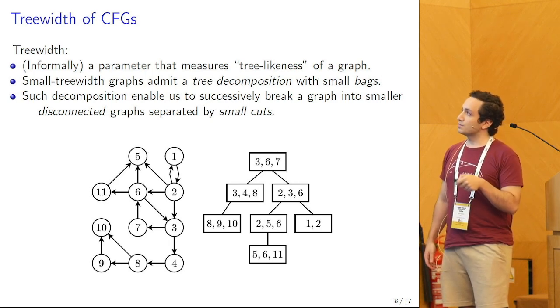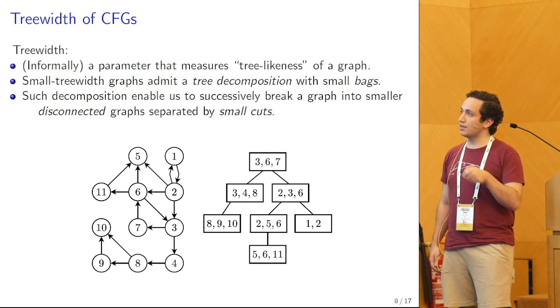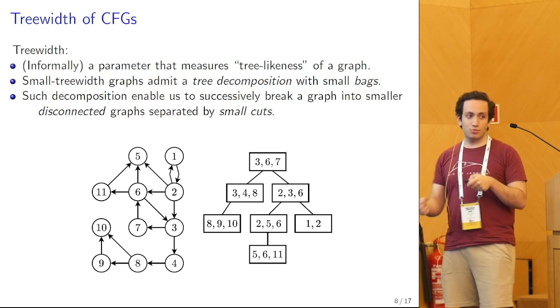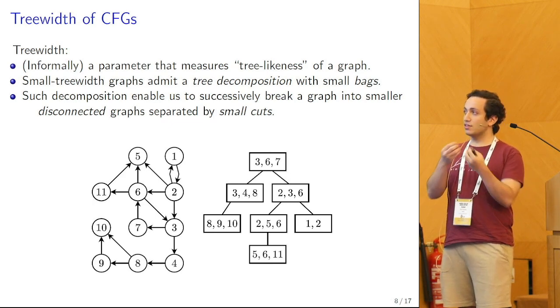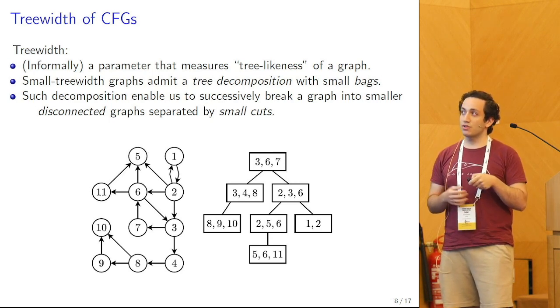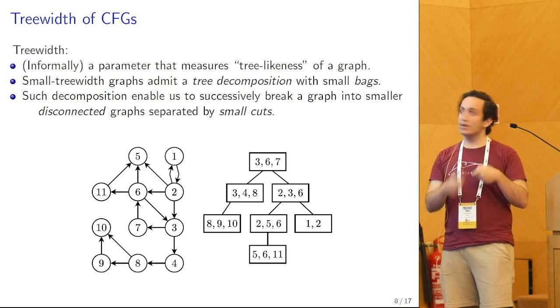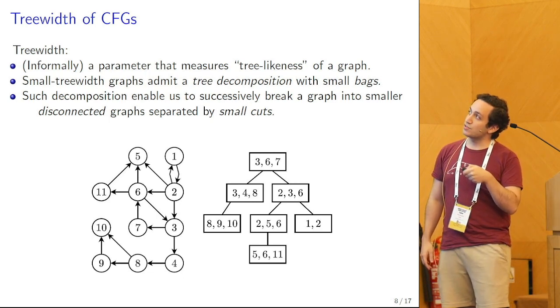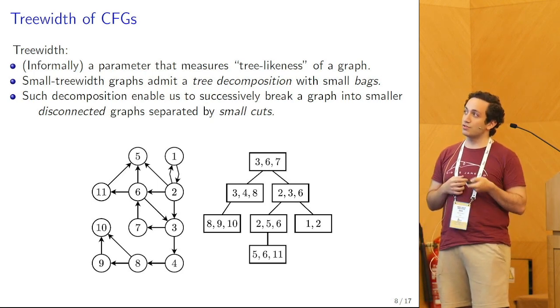When the graph has low treewidth, these bags are small, and this has the nice property that it allows us to successively break this bigger graph on the left into smaller graphs. And we are guaranteed that these smaller graphs are glued together using small cuts. So this enables a kind of divide and conquer algorithm where we solve the problem on the subgraphs, and to obtain the answers for the original graph, we exploit the fact that we have small cuts, so we can afford some brute force over these cuts and obtain the answer for the overall graph.